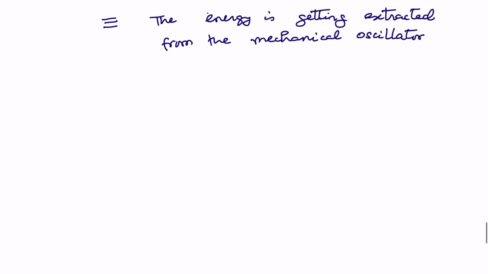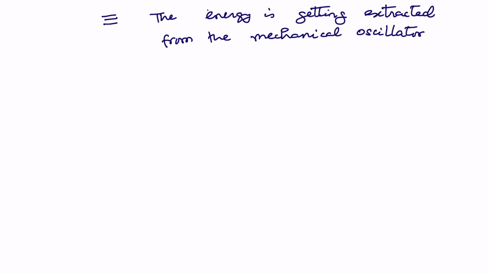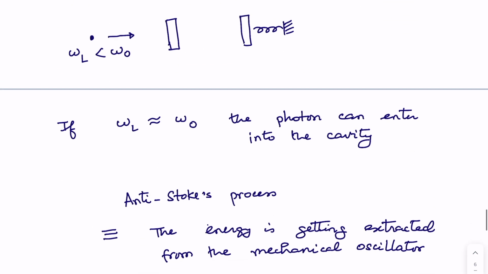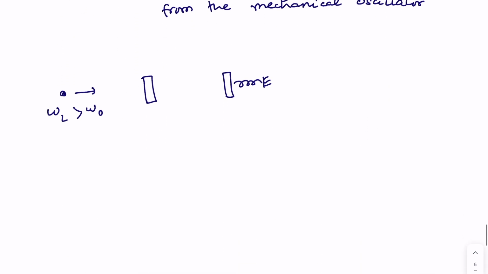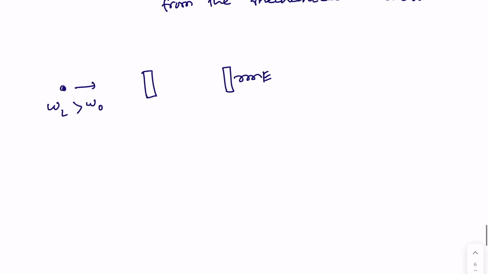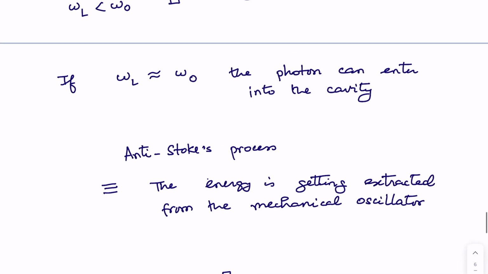Similarly, you can understand the other process, when we have a situation where this laser photon has energy omega_L greater than omega_0. Earlier we considered omega_L less than omega_0; this time omega_L is greater than omega_0. This time also it cannot enter into the cavity because it has excess energy. So it has to shed some of its energy so that omega_L is equal to omega_0.